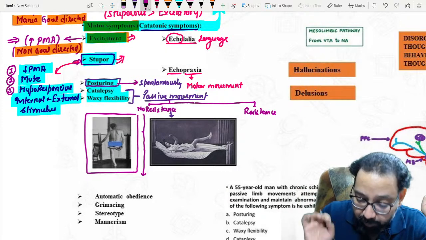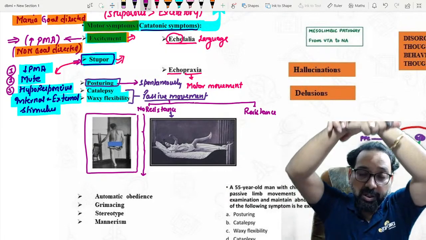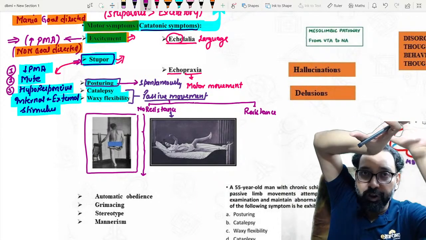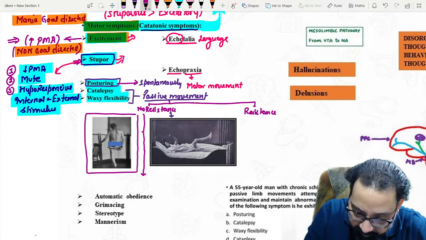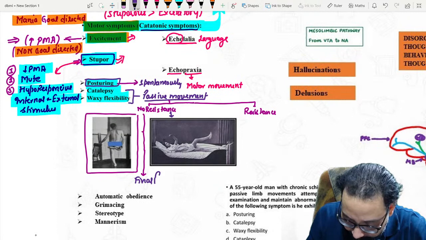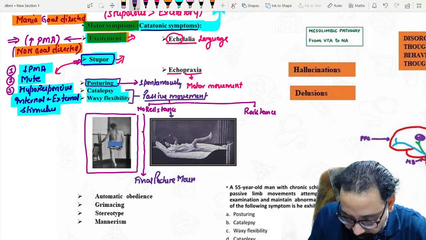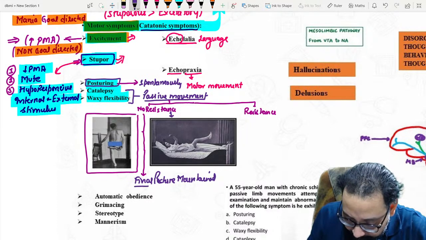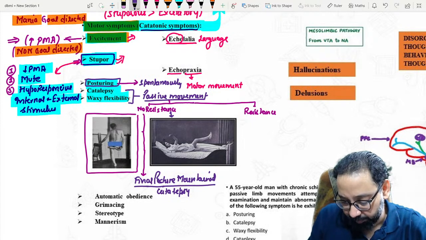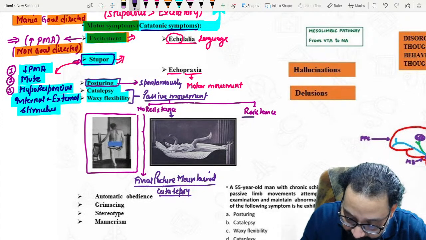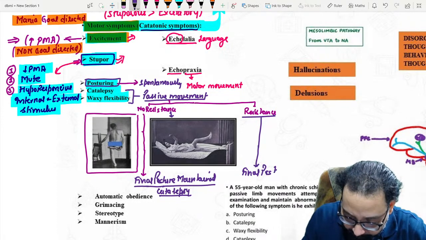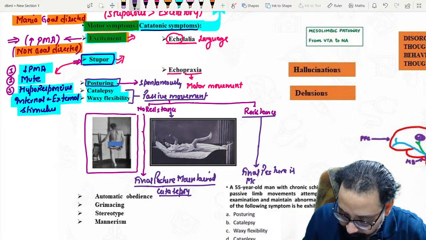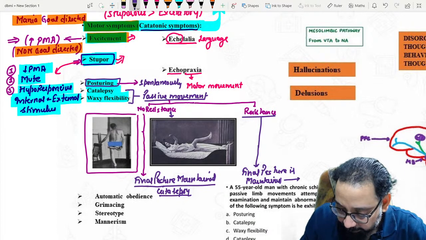If resistance is not present, and you move the hand and leave it in an abnormal posture, and the patient maintains this abnormal posture for a long time, so no resistance and final posture maintained, then you will say this phenomenon is catalepsy. But if resistance is there and the final posture is maintained, then it is waxy flexibility.